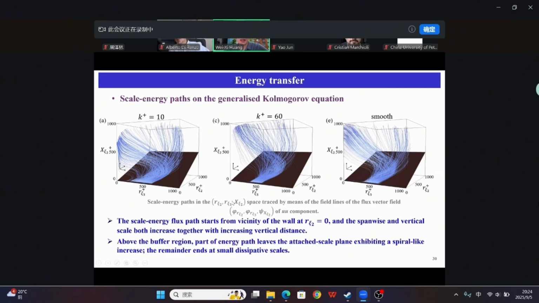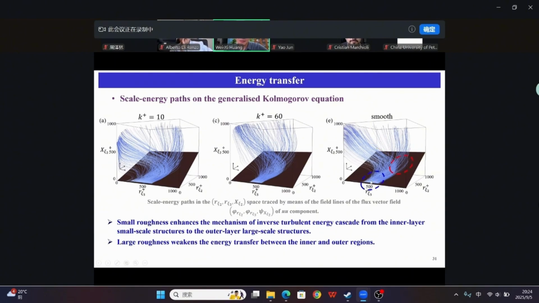We compare the rough wall cases, the small roughness and the large roughness. We can see the small roughness obviously strengthens this kind of transport, but the larger roughness weakens it. So here we can see quantitatively how the rough wall affects the outer layer similarity.